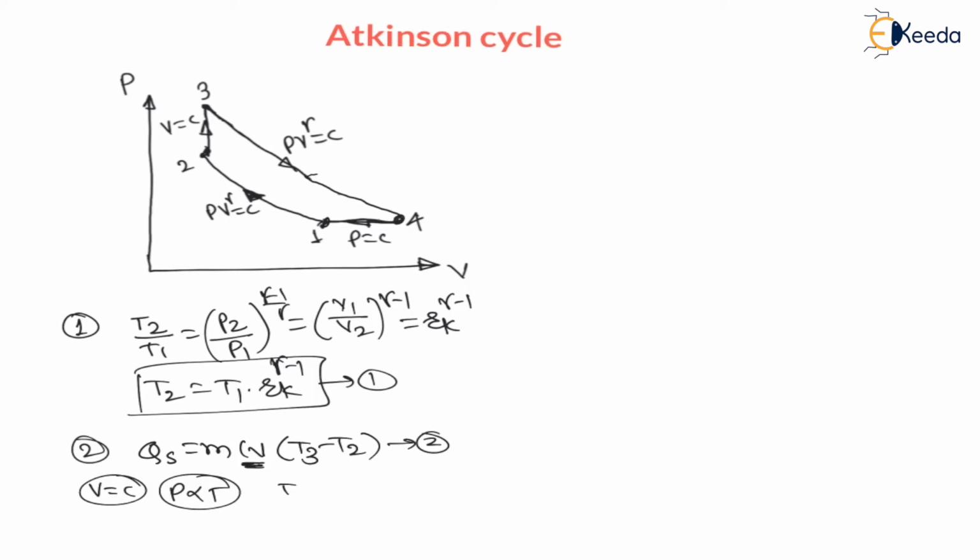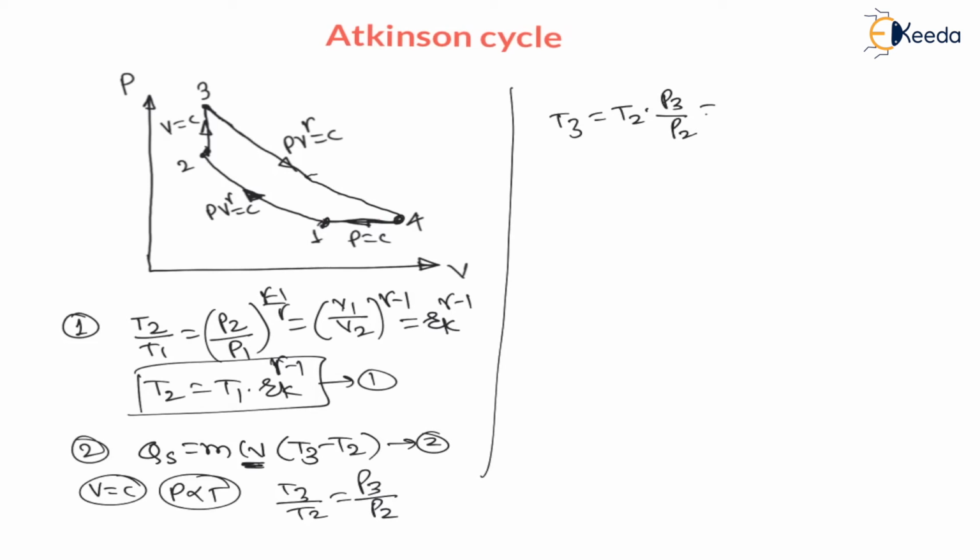From this we can write T3 divided by T2 is equal to P3 divided by P2. Therefore T3 is equal to T2 into P3 divided by P2, and T2, from equation number 1, is T1 into RK raised to gamma minus 1, so T3 is T1 into RK raised to gamma minus 1 into P3 divided by P2. This is how we can write temperature T3, right?